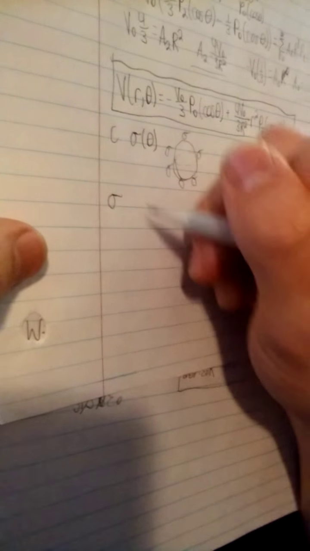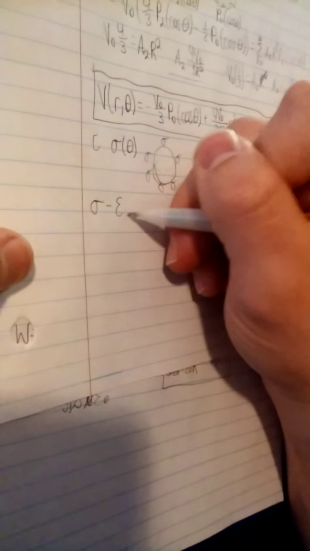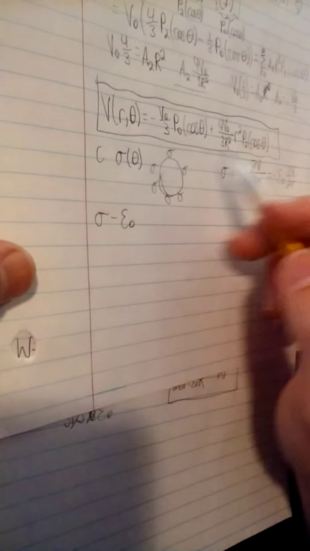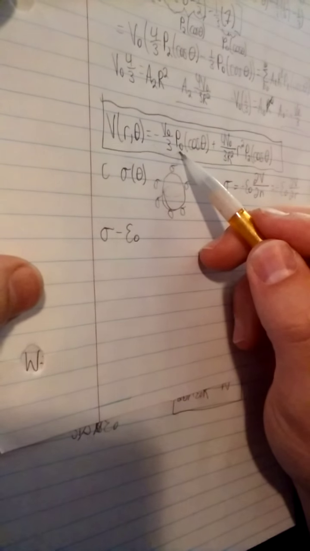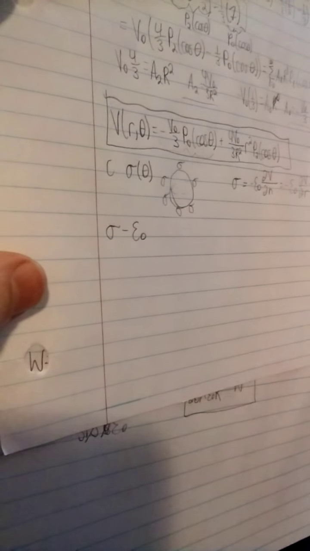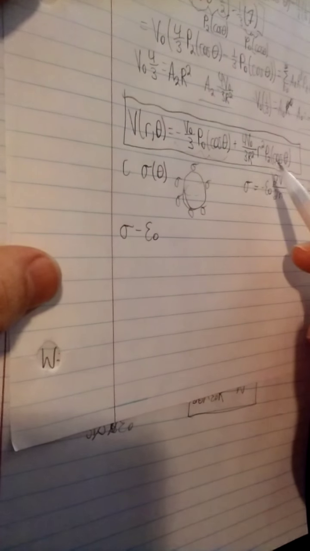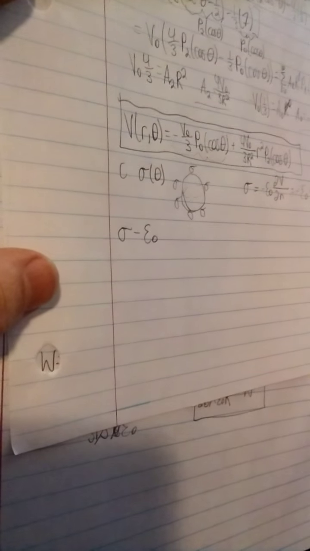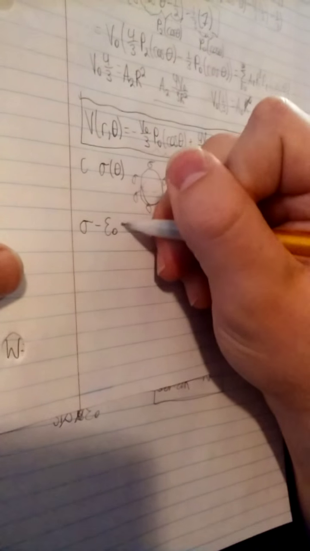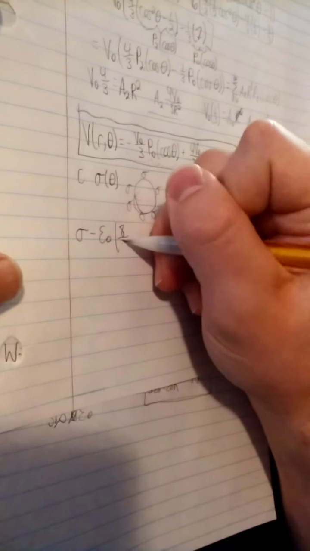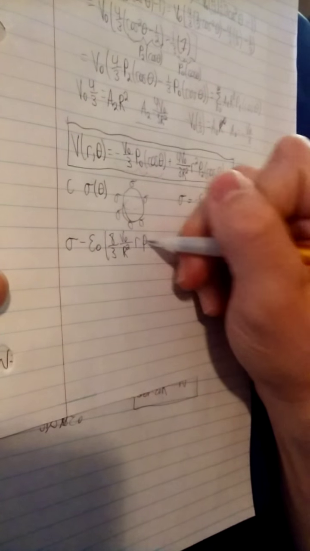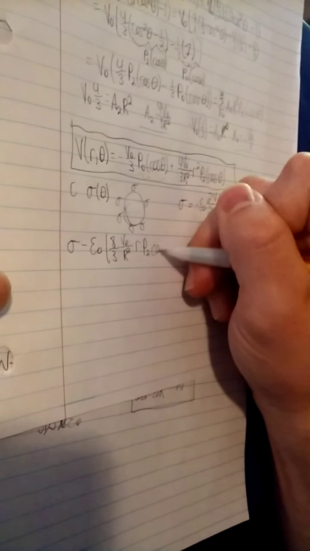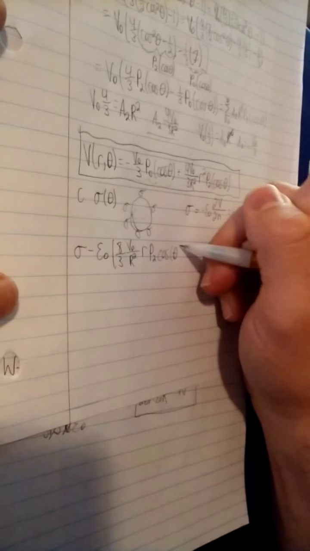So if we do that, we have negative epsilon naught, and we're going to take this v term and take the derivative of it with respect to r. This first part is a constant, so we drop it because it goes to 0. And if we take the derivative of the second part with respect to r, we get 8/3 v naught over R squared little r P2 cosine theta.